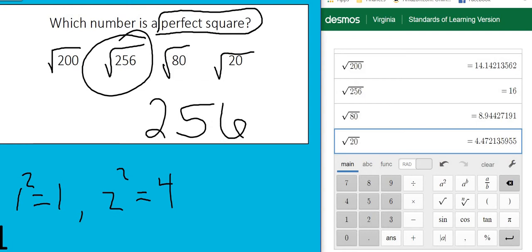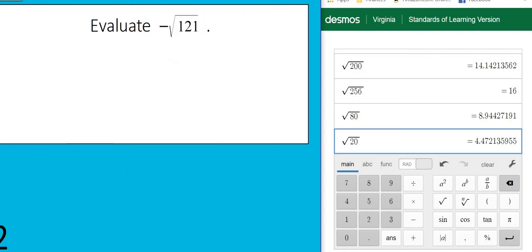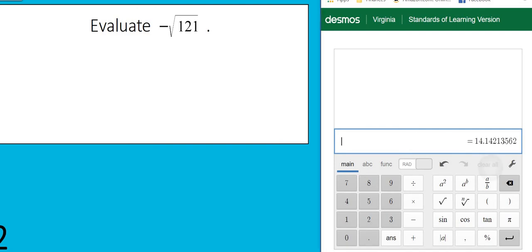So let's go on to the next problem. It says to evaluate a negative square root of 121. So you will put in negative square root. If you're typing that, you're going to type SQRT of 121, and that gives us negative 11.